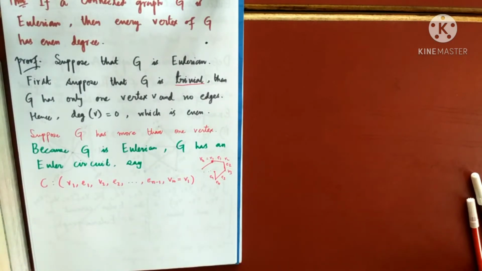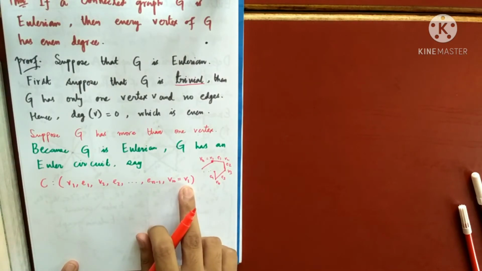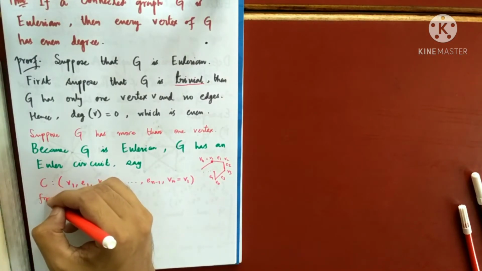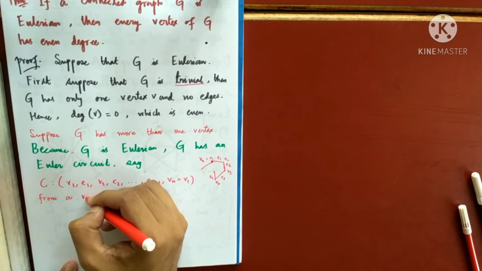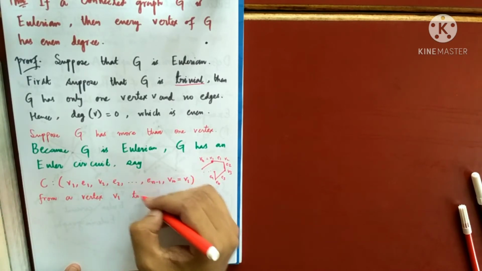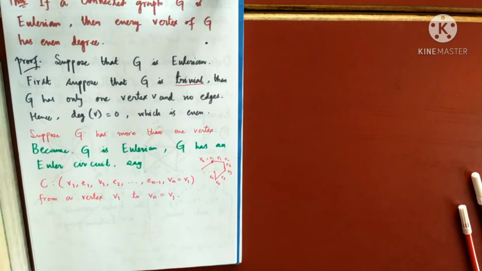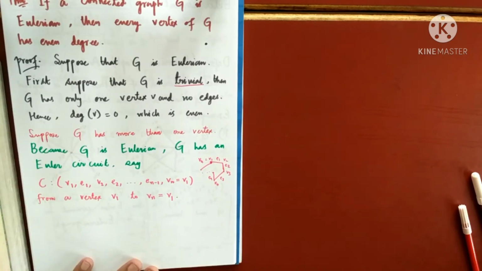So that is my point. This is exactly what I will write down now. Say this is an Euler circuit from a vortex V1 to Vn. And what is Vn? Vn is same as V1. So we are starting at V1 and ending at V1. Keep that in mind. So this is the definition of an Euler circuit.